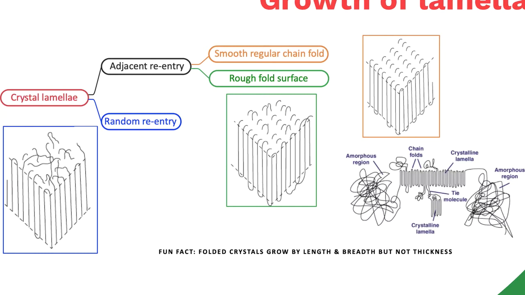In terms of length and breadth, yes, you can pack more chains together, but in terms of thickness, because they are so long, once they start to come back into the structure, you may get a random reentry model or a rough fold surface. And when that happens, you have more amorphous regions.